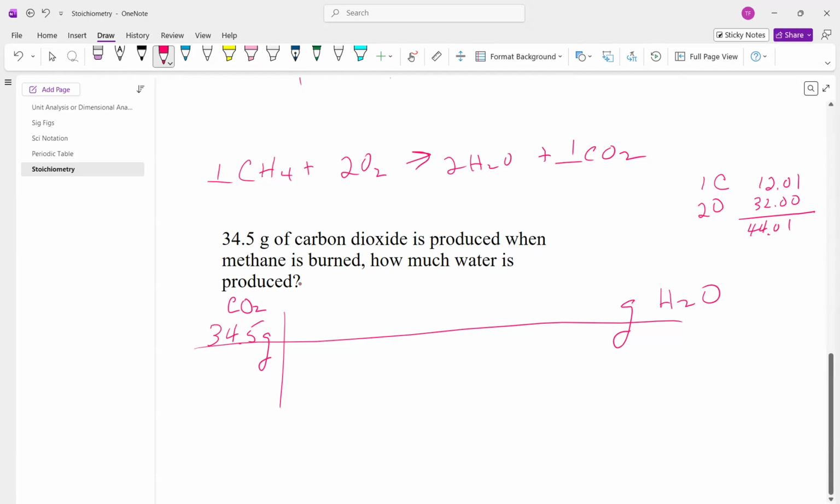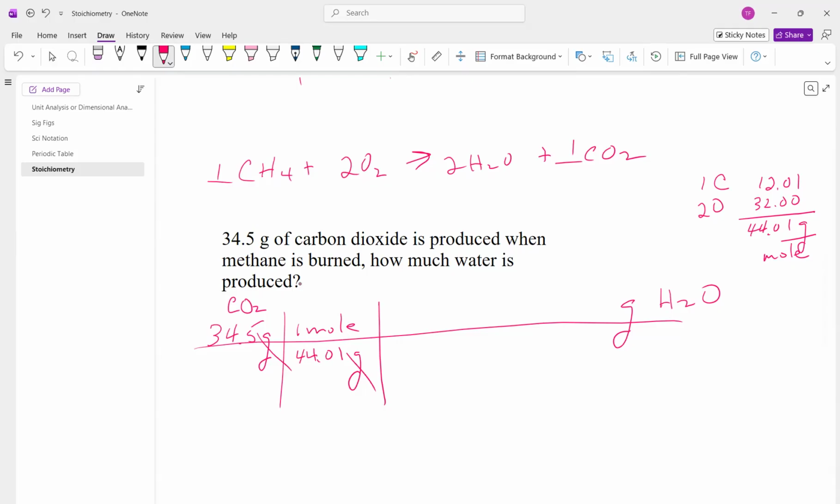So that's 44.01 grams per mole. So step 1, convert to moles. Now we're at moles of carbon dioxide.